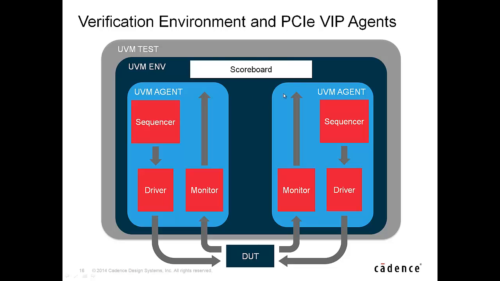Then a scoreboard uses high-level SystemVerilog constructs such as queue or associative array to store the data and do some basic comparison between all this data. But the main question is what information is sent to the scoreboard, and how and when.